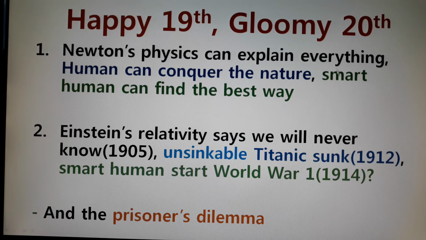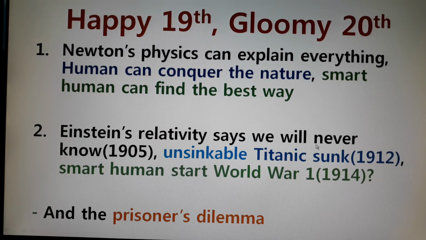But as you enter the 20th century, 1905 I think, one German scholar, Einstein, says the world is kind of relative. There's nothing absolute. And there's no way we can actually know something.